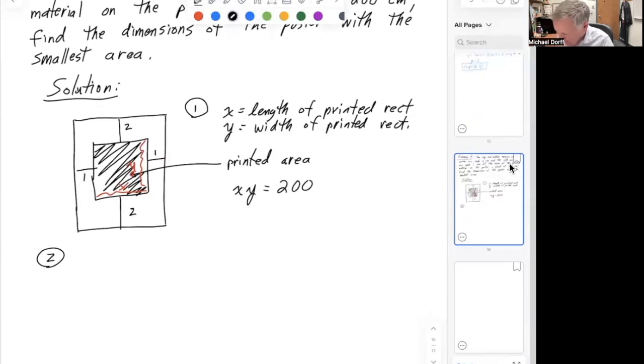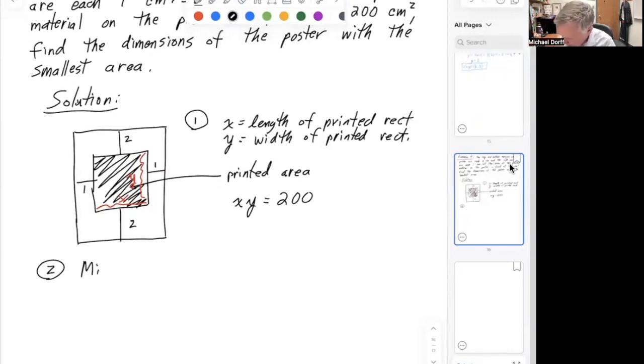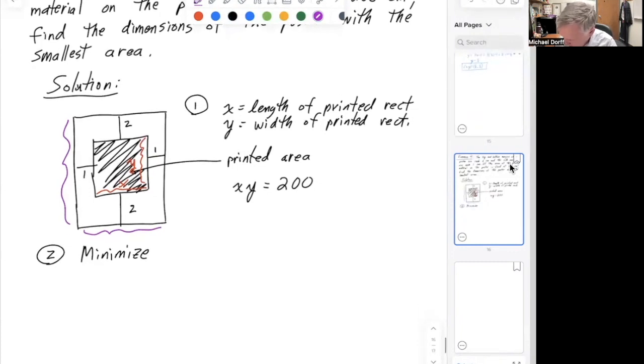All right, so now the next step is, what are we trying to minimize or maximize? We want to minimize the total area of the poster. So the total area of the poster is not the printed area, but it's going to be this big poster, this big rectangle. So I'm going to have this area, this length, and this length. So what's the bottom length? Well, it's going to be X plus 2, and the vertical length there is going to be Y plus 4.